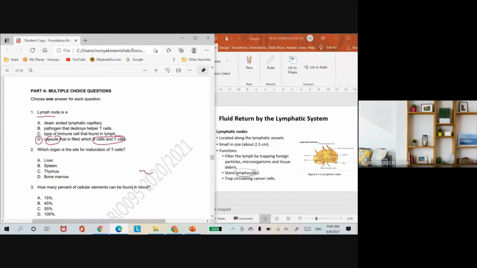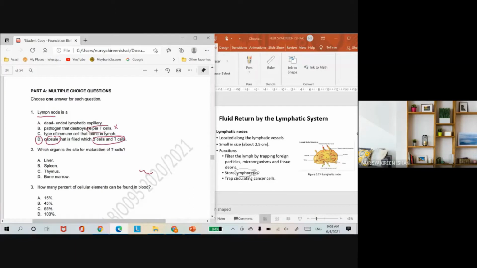which is to attack specific foreign pathogens. So that's why statement D here is correct. Option B is definitely wrong. Pathogen does not destroy the helper T cell.